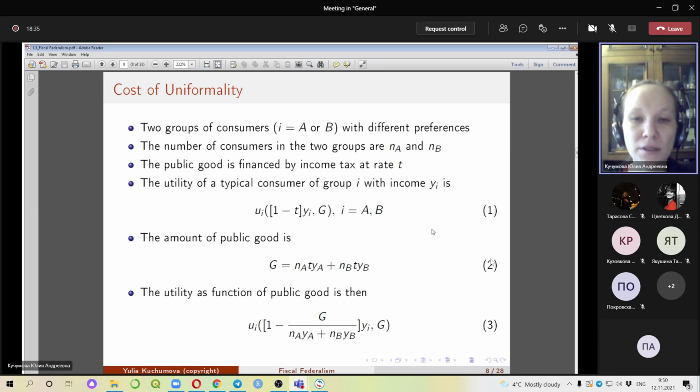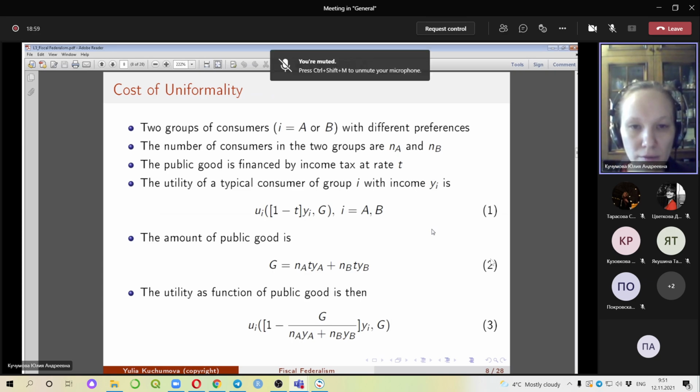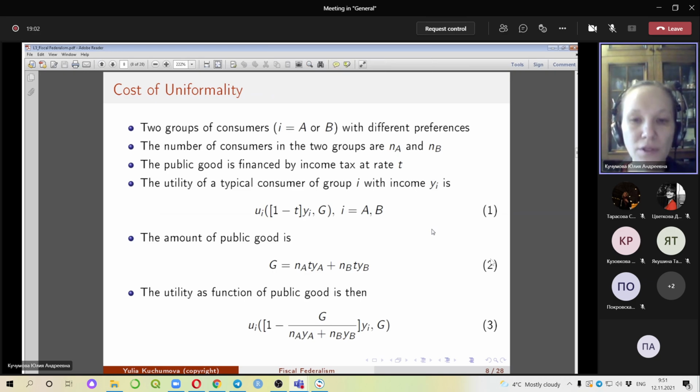And then the utility also depends on the public good G. The amount of public good in this country is equal to G, and it's basically the money collected from the taxes, the tax revenue, and it is equal to the number of people in group A, NA, multiplied by the tax rate T multiplied by the income of people in the first group, YA, plus the same thing for the second group, NB multiplied by tax rate T multiplied by income YB.